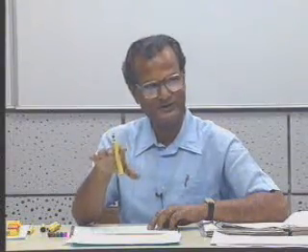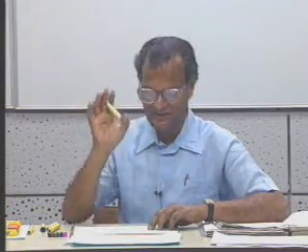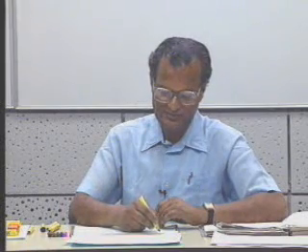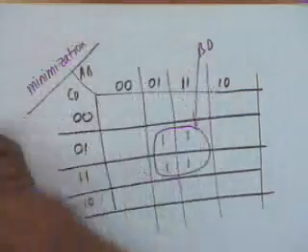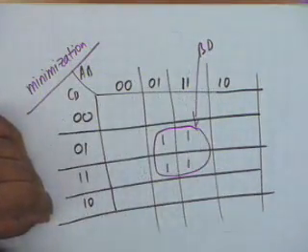Unfortunately, only up to 4 variables. If it is more than 4, then this map becomes very complicated, and one is not able to minimize. The simplification that we have been doing is technically known as minimization. For more than 4 variables, Karnaugh map is not used. There are alternative methods for minimization. One of them is, for example, Quine-McCluskey.